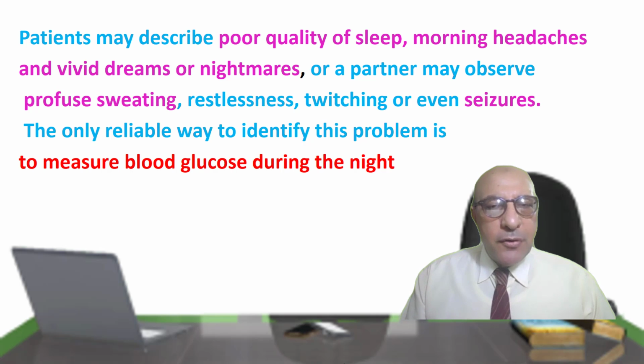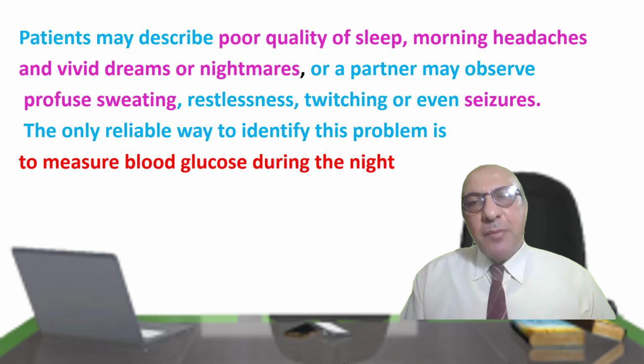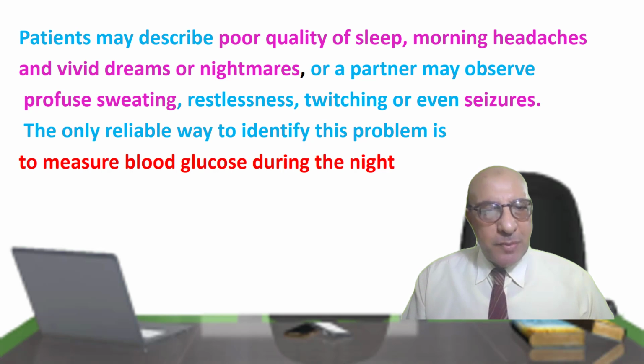Sometimes it's difficult for the patient to recognize that these symptoms are due to hypoglycemia. If he is lucky, a partner may observe that the patient is having profuse sweating while he is sleeping, or is restless, or twitching, or even he may have seizures if somebody is observing, so that he can be awakened and given the necessary treatment.